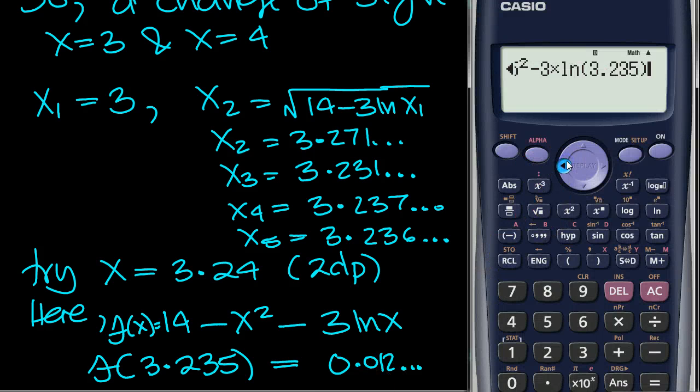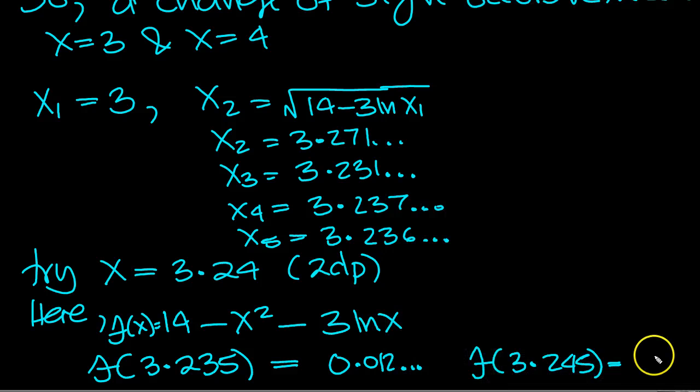Now we go along the equation here, and we change the 3 to a 4, don't we, to try the next value. 3.245 equals, we get minus 0.06. I'll put the comment up here.